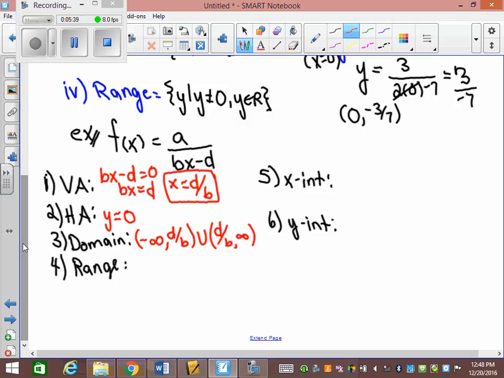So you have to say or. The range is y can't equal 0. So you can go negative infinity to 0, 0 to positive infinity like that, or negative infinity to 0, or 0 to positive. Either way is fine.